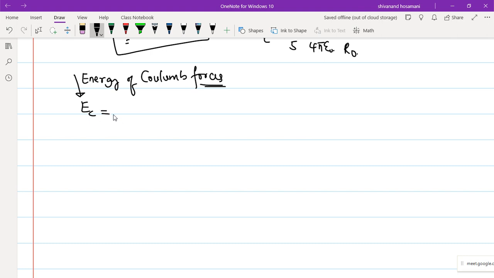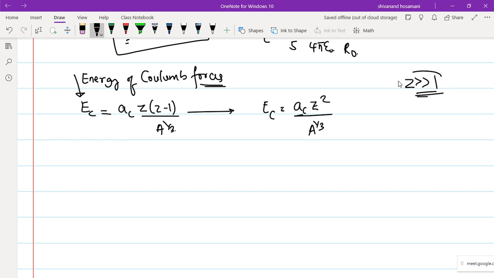What we wrote is EC equal to AC into Z into Z minus 1, divided by A to the power of 1 by 3. Instead of this, we can write EC equal to AC Z square divided by A to the power of 1 by 3, meaning that if the atomic number is very much higher than 1, we can treat Z minus 1 as Z directly.